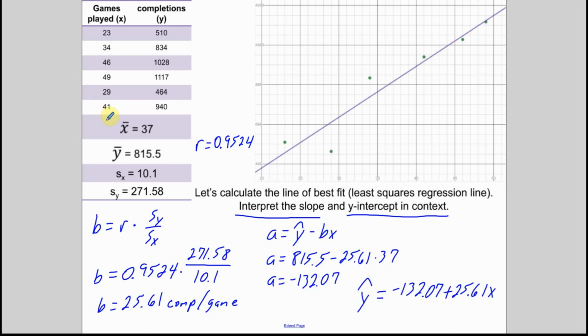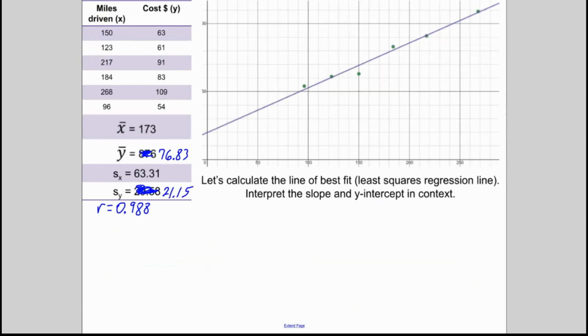That's not very good. Just like using the 0, this would now tell us that at 0 games played, you complete negative 132 passes. Well, that turns out to be poor because we're outside of our range of values that we used to create it. Right, let's try another one.